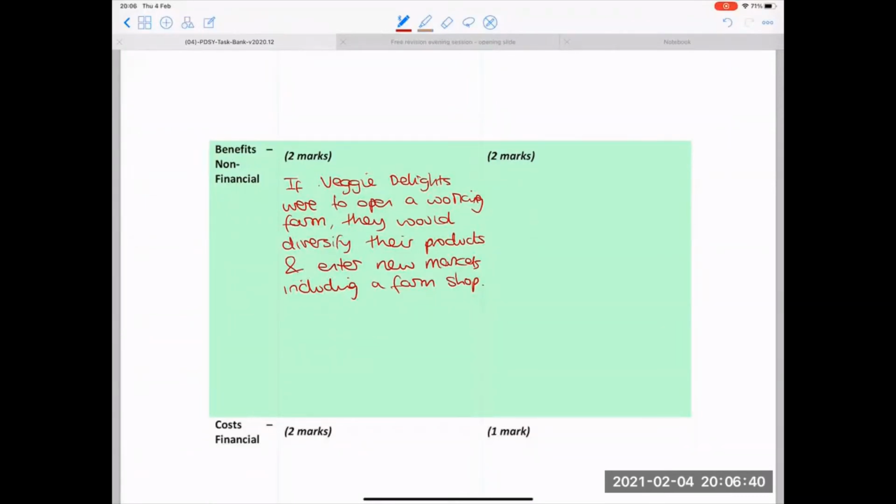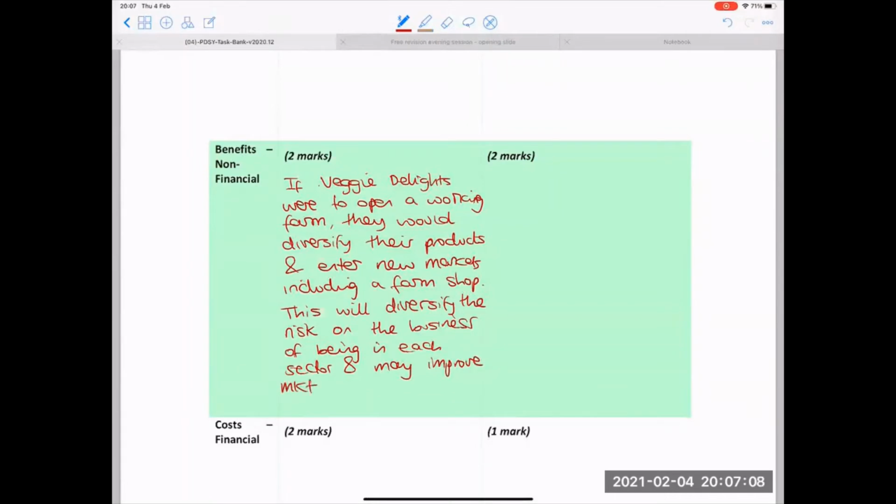So I need to explain it a bit more and say this will diversify the risk on the business of being in each sector and may improve market share and reputation.